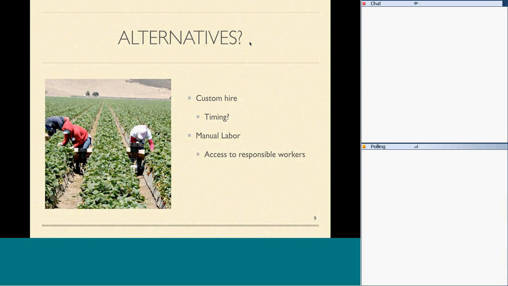The second alternative to purchasing equipment would be to hire manual labor. Do we have access to a responsible workforce that can help us get these tasks done in a timely manner? This brings up issues of liability, and this should be considered in the event that there's ever an accident on your property with these manual labor workers.